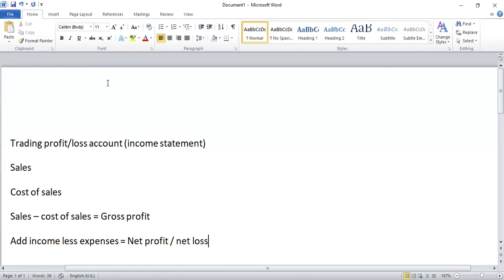Now, guys, the sales can be derived by taking only two things. Before I give the formula, let's say we have Early Traders.